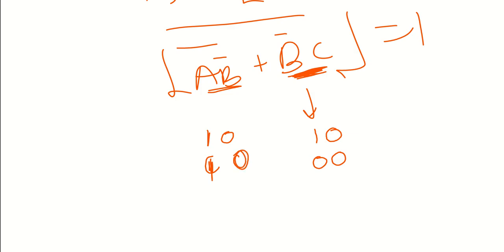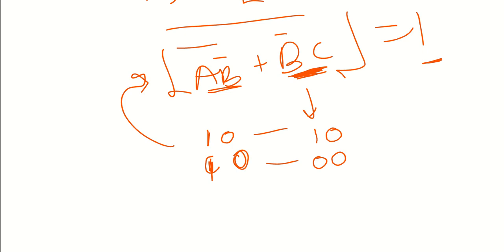That's the only way you can get a 1. So those are the possible cases. And you realize that when you insert either of these into the equation above, you will be able to get a 1 at the output. And that's what we have been driving at.